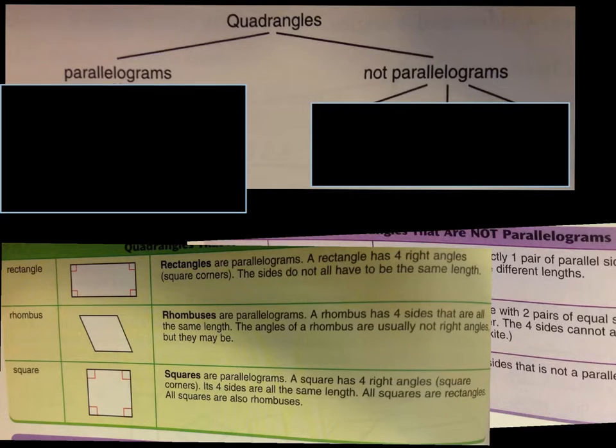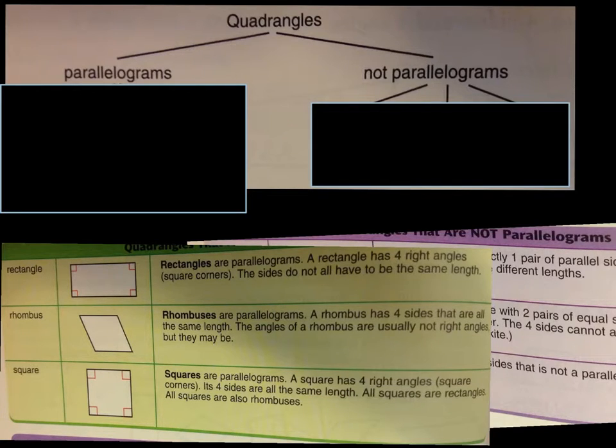Rectangles are parallelograms that have 4 right angles, and the sides don't have to be the same length, but the pairs of opposite sides are the same length. Rhombuses are also parallelograms that have 4 sides that are the same length, so all 4 sides must be the same length, but the angles of a rhombus are usually not right angles, but they can be. And a square is also a parallelogram that has 4 right angles, and its 4 sides are all the same length.